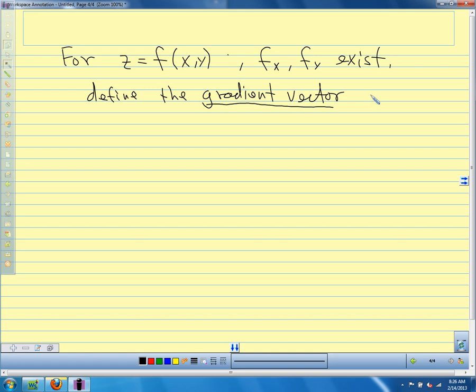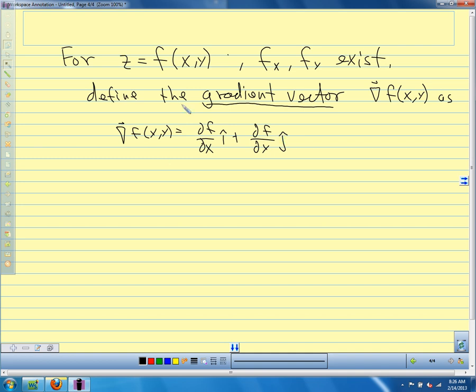And our new symbol is an upside down triangle, del. We're going to define this gradient vector as del f is the partial of f with respect to x in the i hat direction, plus a partial of f with respect to y in the j hat direction.